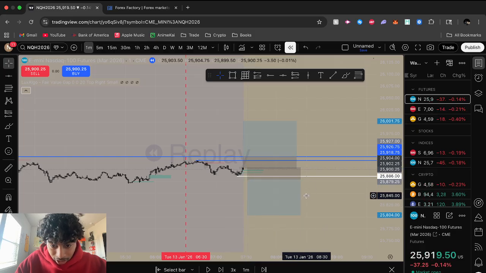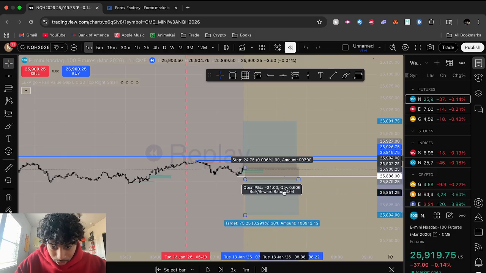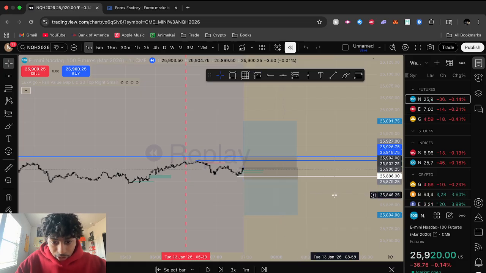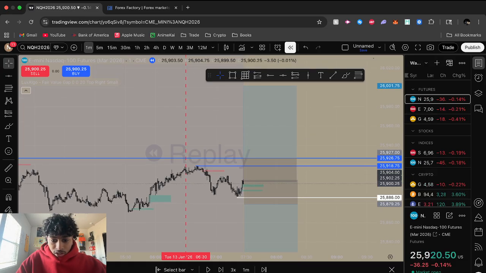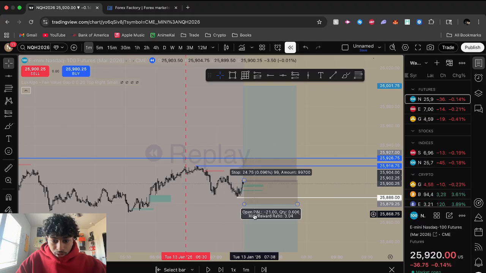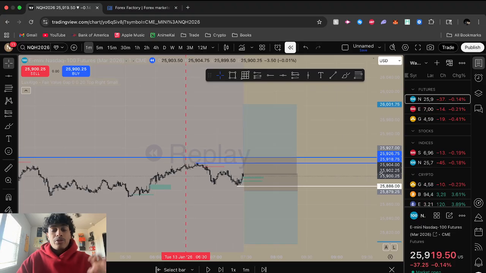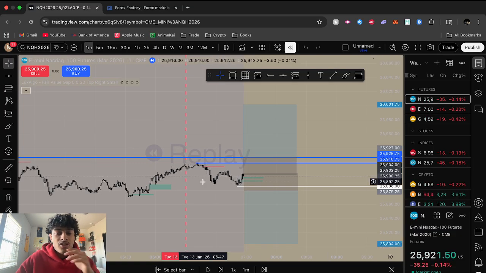So these are the entries. Yes, they overlap a little bit, but you get what I'm trying to do here, right? This is to minimize the risk while maximizing the money that you can make. Losing 500 in an eval is not the end of the world.